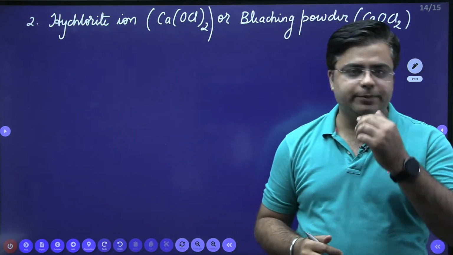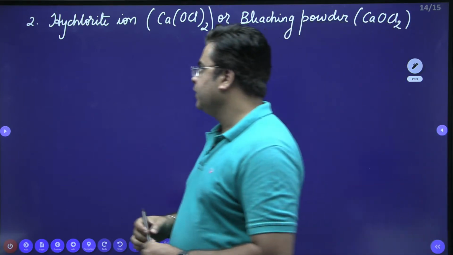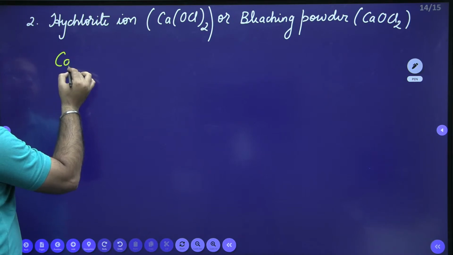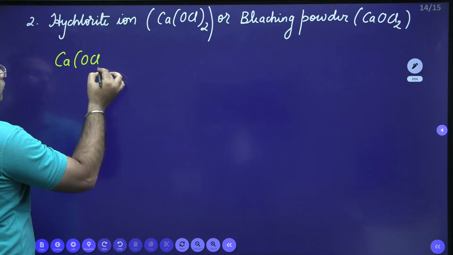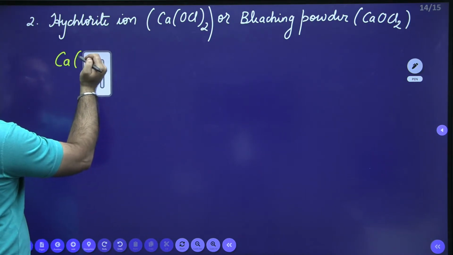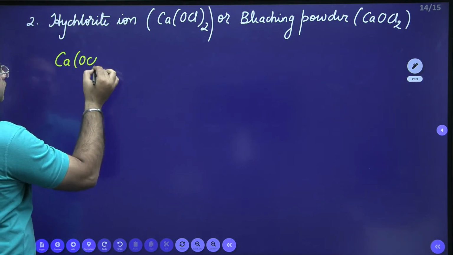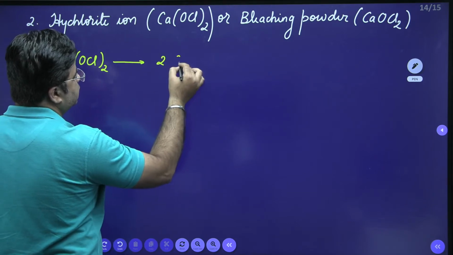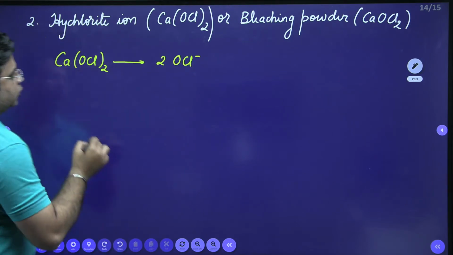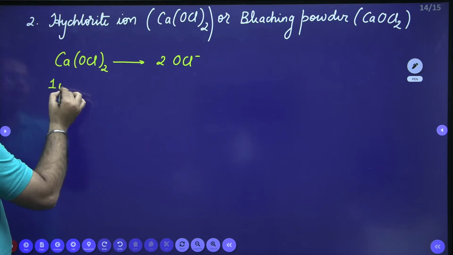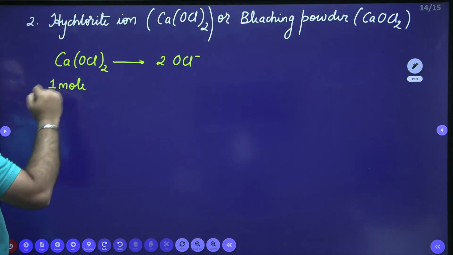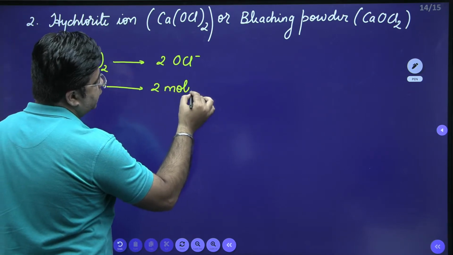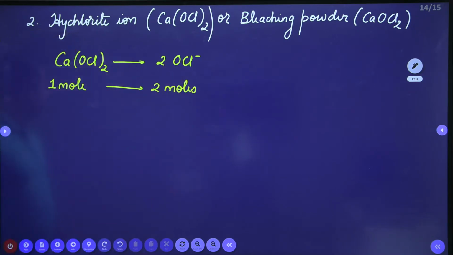Now in the examination, there can be a question that what is the disinfection efficiency for hypochlorite ion or for the bleaching powder. So how you should deal with it? You should start with CaOCl2. One mole of CaOCl2 gives 2 moles of OCl minus ion, right?